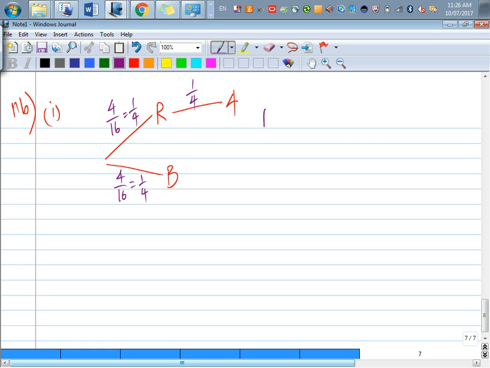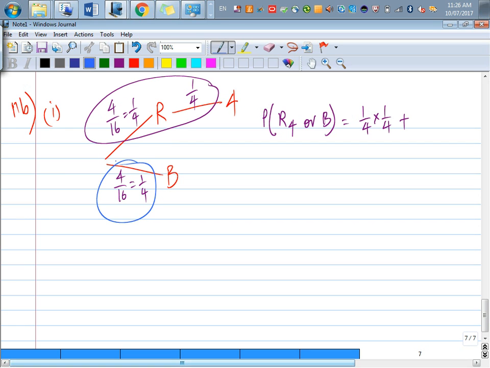Yes, so probability of red 4 or blue equals to 1 over 4 times 1 over 4 for this branch plus this blue one, 1 over 4. So you get, yes, 5 over 16. Any questions? Then part 2.